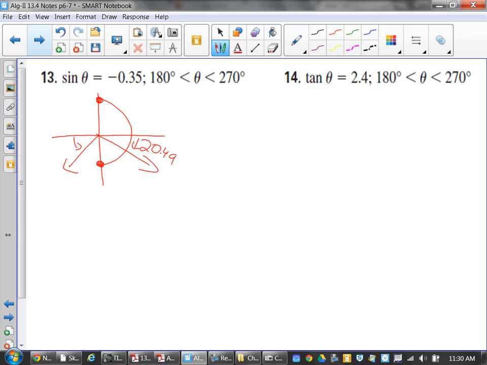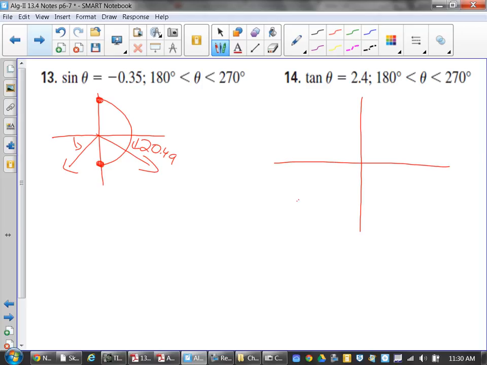Tangent theta is 2.4. Notice tangent's positive. What quadrant will the calculator give you a positive tangent? First. Well, if it's going to be positive, where else is tangent positive?